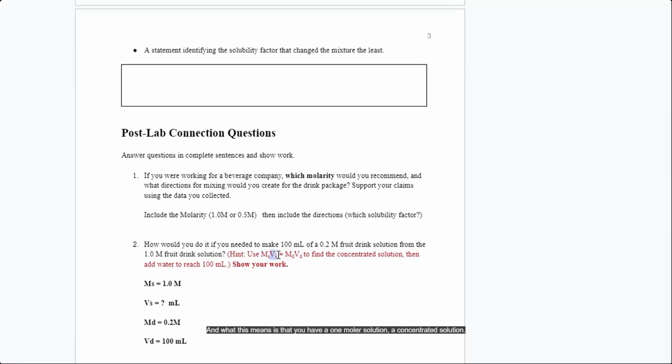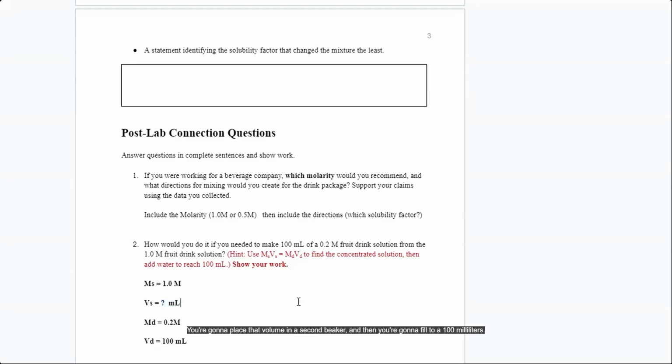And what this means is that you have a 1 molar solution, a concentrated solution sitting on your bench, on your desktop. And then you are going to go obtain this much of that solution. Okay, you're going to go get whatever milliliters this is. And then you're going to take that into a second beaker.